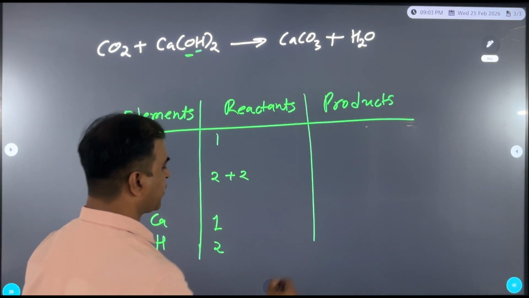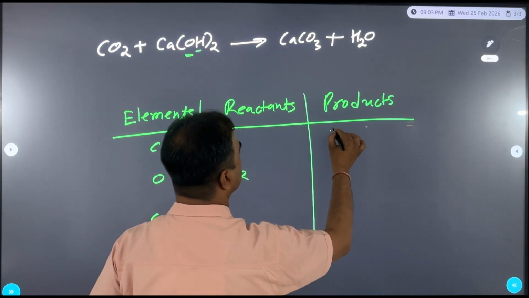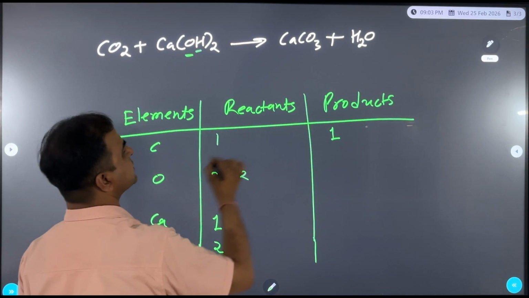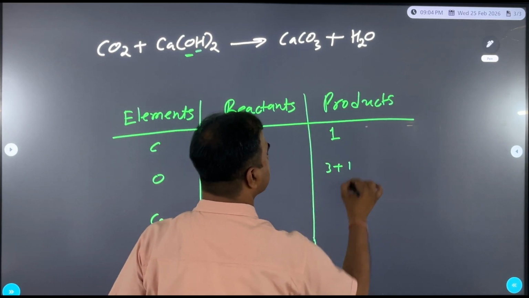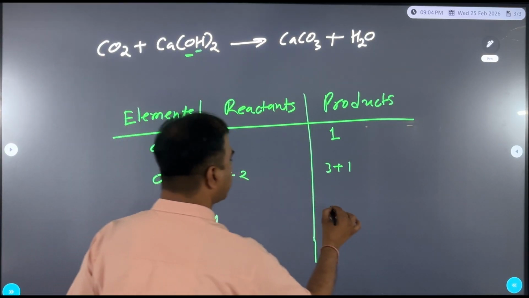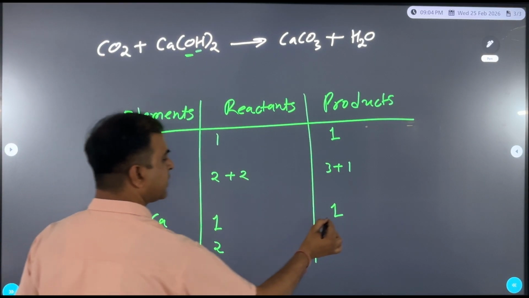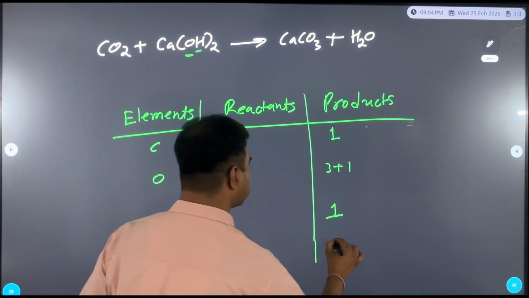Now check on the product side. Carbon is 1. Oxygen is how much? 3 plus 1. Calcium is also 1. Hydrogen is 2.